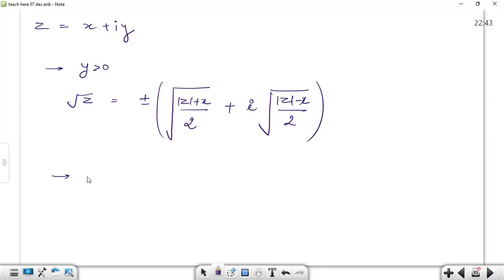This is also very easy to remember. When y is negative, minus sign this time.